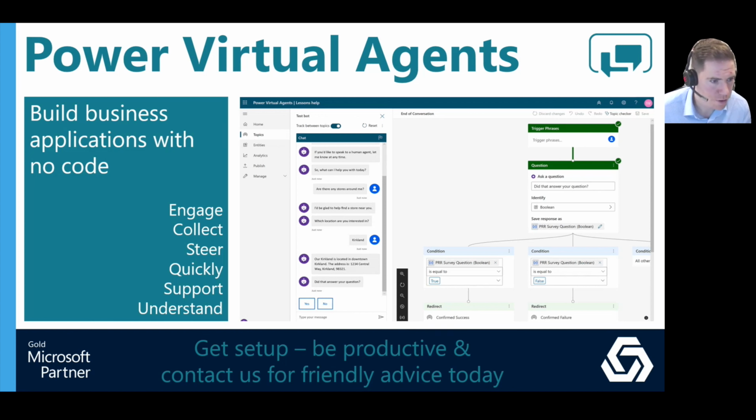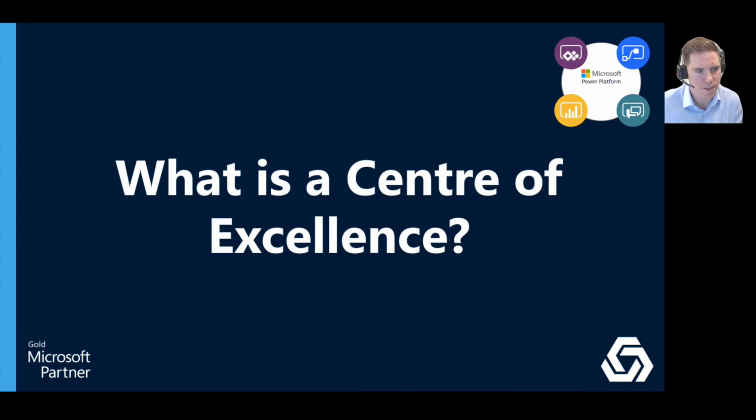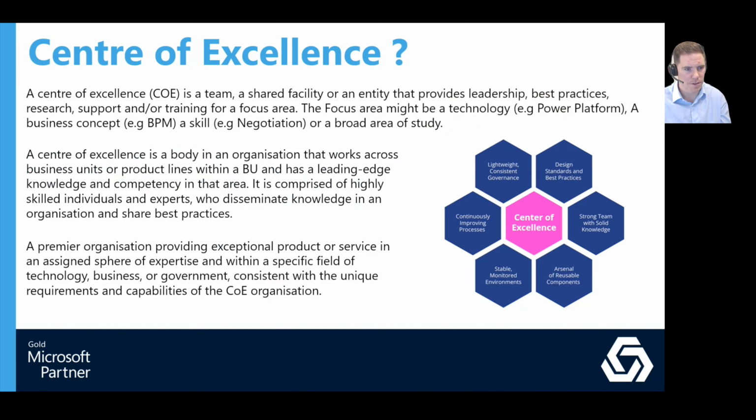Okay, so the next one then is, what is a center of excellence? Doing some research on this over the last couple of weeks, we obviously deploy Power Platform Center of Excellence across Architect. But a center of excellence is a team, a shared facility, or an entity that provides leadership, best practices, research, support, or training for a focus area.